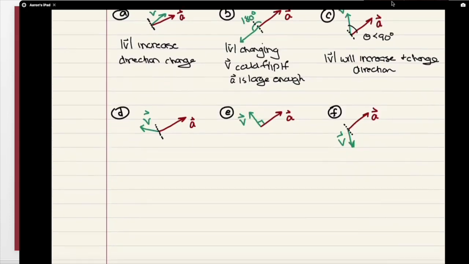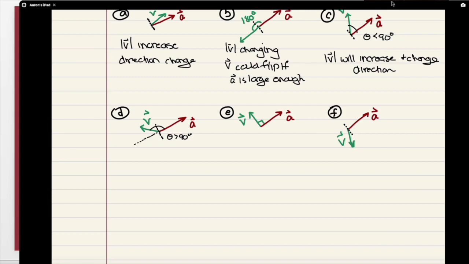Contrast that with D, where now the angle between them is greater than 90 degrees. So it looks like the velocity vector is closer to pointing anti-parallel to A compared to parallel.